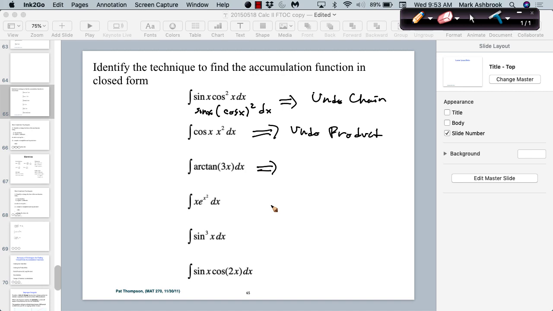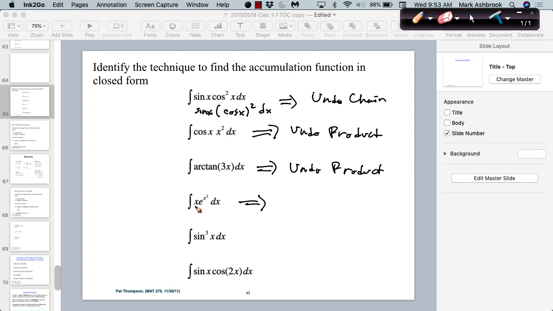One of the common forms of undoing product. So the common mistake here is to say that's a trig, like a more complicated trig. You don't use the trig identities. You undo the product rule for the inverse trig functions. So remember that.